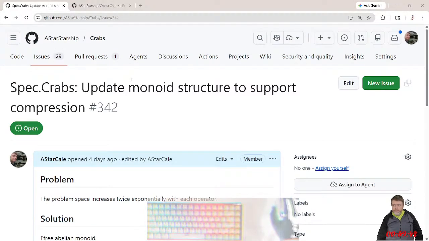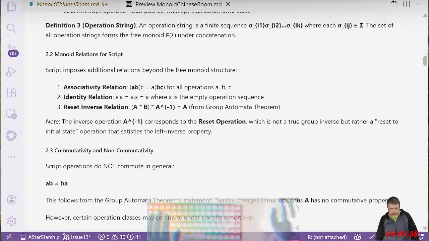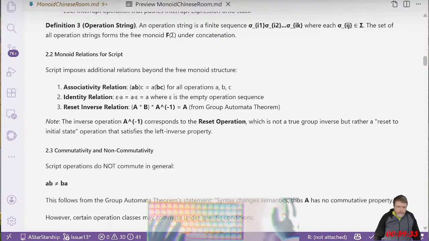So now let's look at what the hell the AI said now. Some relations.